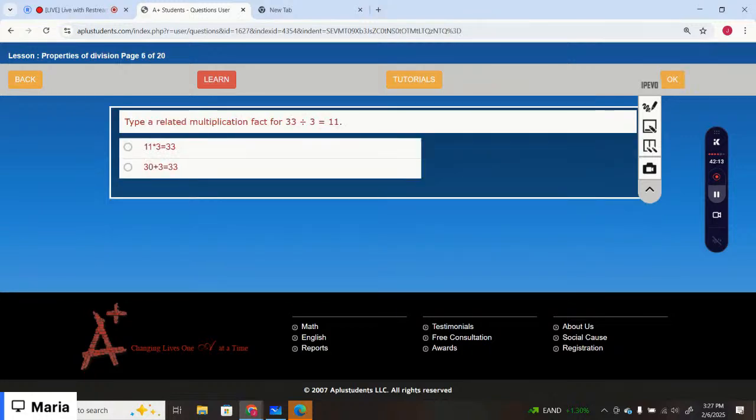Type a related multiplication fact for 30 divided by 3 equals 11. So which is the related addition fact to 30 divided by 3 equals 11?